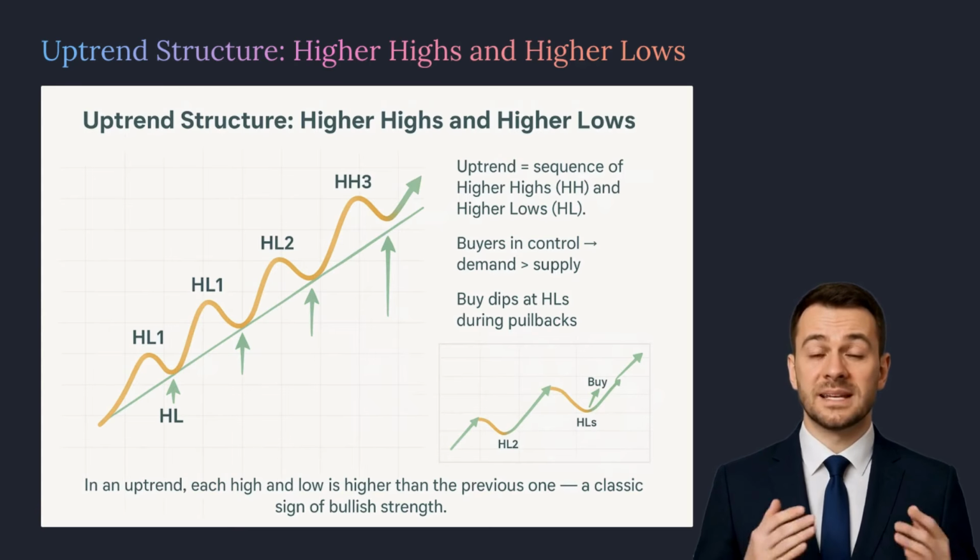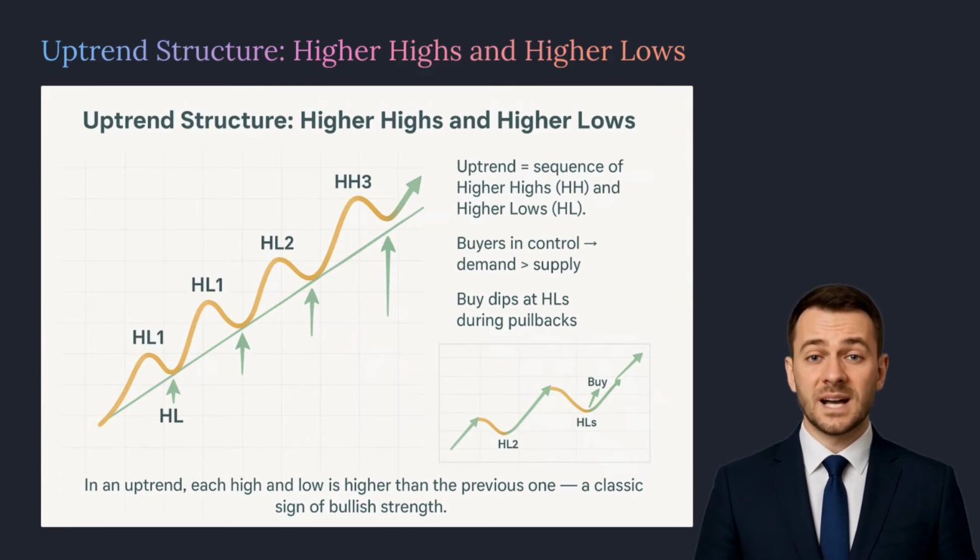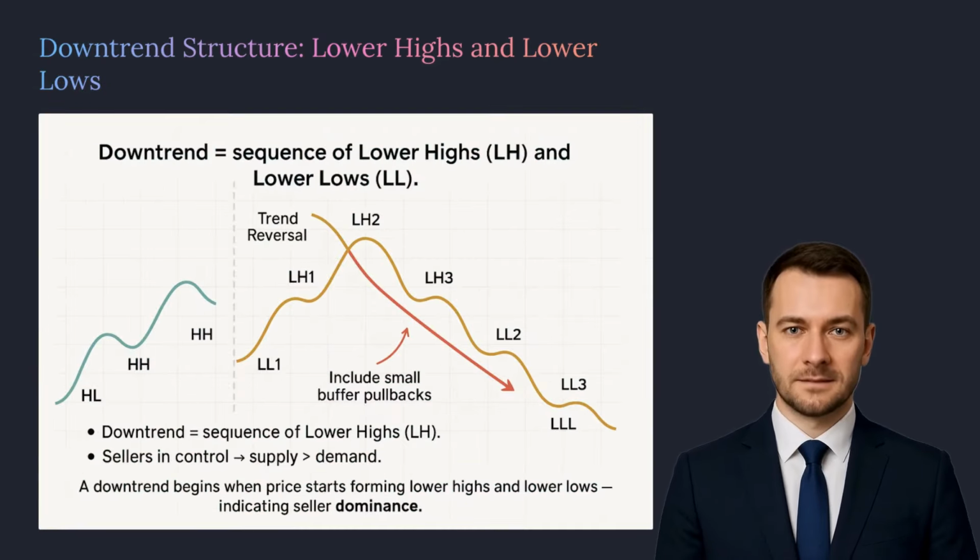For example, in the chart above, notice how the uptrend on the left consistently marches to higher price levels on each wave up, and the lows on pullbacks never undercut the prior lows. Classic bullish structure.